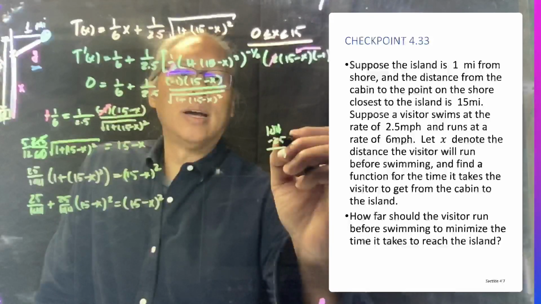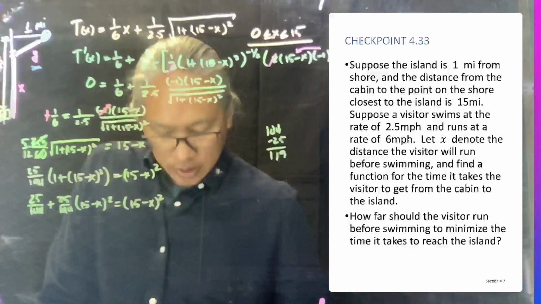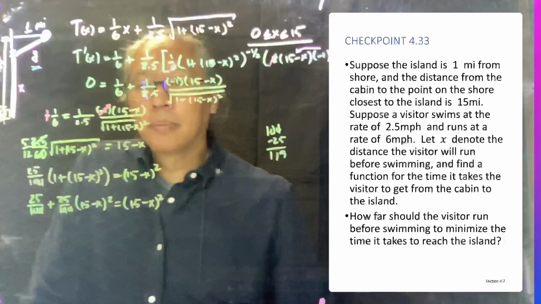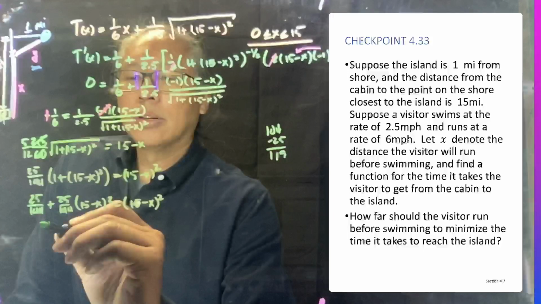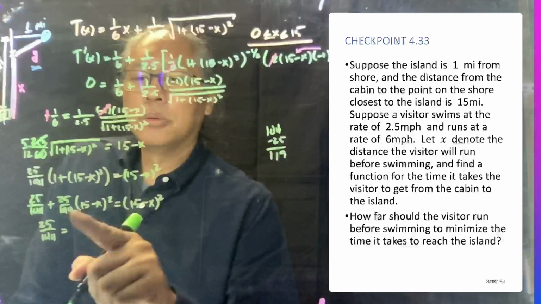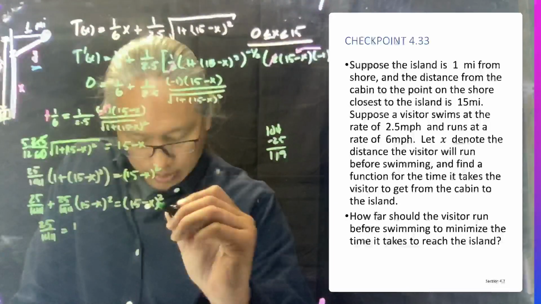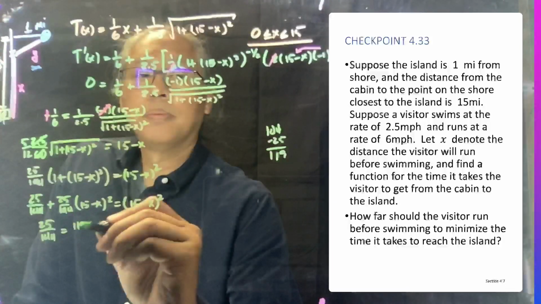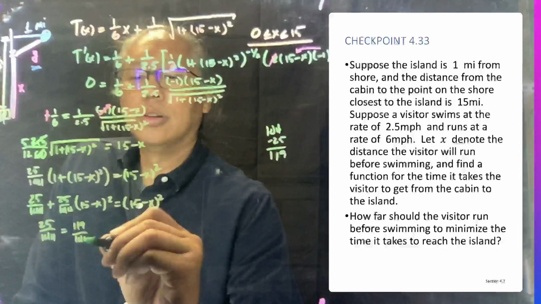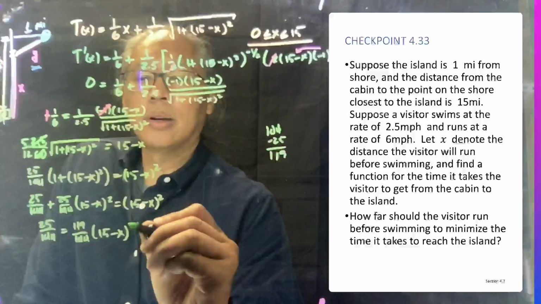And this is going to be 119. So 25 over 144 is equal to, bringing this whole thing over to the other side, 119 over 144 times 15 minus x quantity squared.